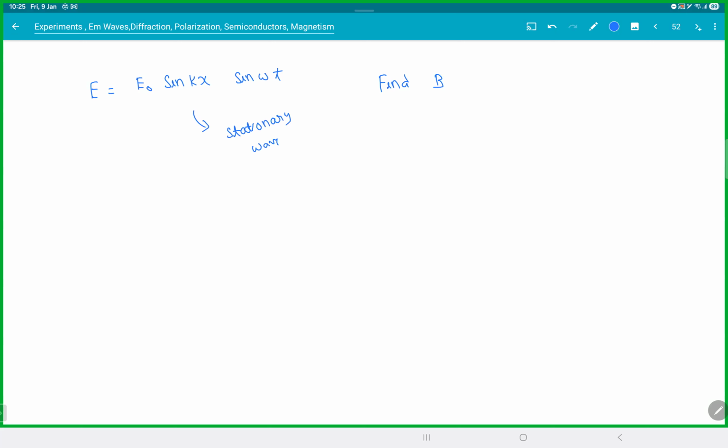You have to use some different formula here, if you remember. In case you forgot, this is the formula: dou E by dou x is equal to minus dou B by dou t. This is the formula which you have to use. This you should know. Not there in NCERT also, but this was asked in one of the JEE exams. So you need to know this relation. Dou is the partial differentiation.